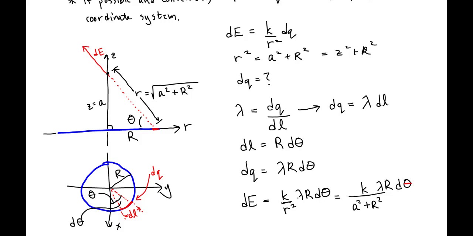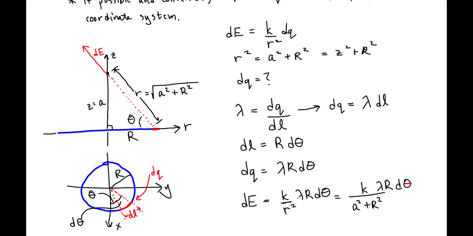This is looking really good. We only have one variable of integration, and this would tell us the electric field due to that infinitesimally small length of charge. Unfortunately, we don't have that one tiny infinitesimally small length of charge.